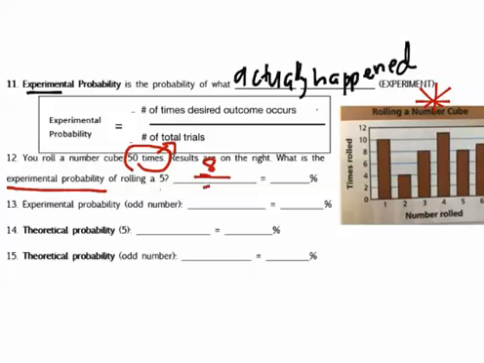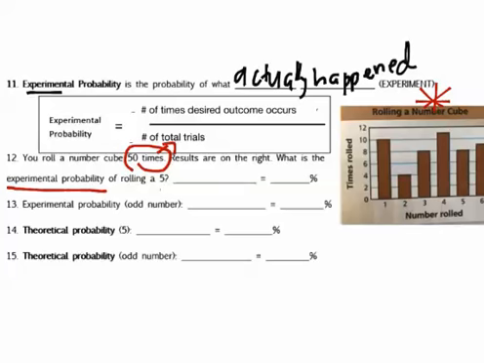We rolled that dice 50 times. 8 over 50 can be reduced to 4 over 25, which is 16%. So make sure you understand that one. If you need to listen to it again, you can. I'm going to erase it so there's enough room for the next problem.